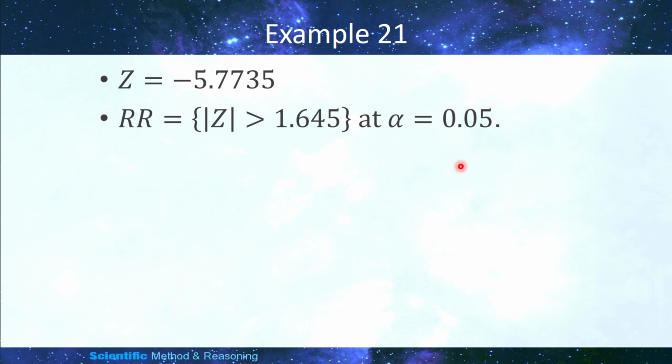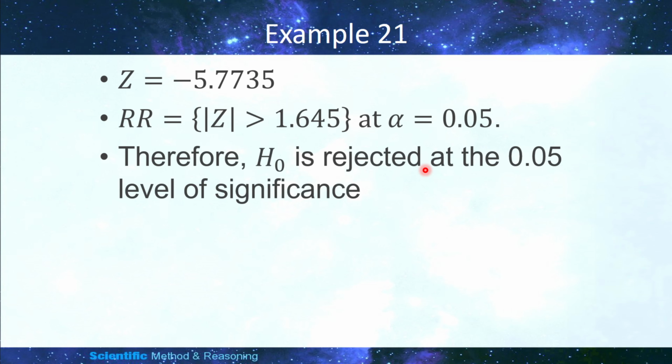Of course, if alpha is 0.025, then the critical value becomes 1.96, and if alpha is 0.01, then the critical value becomes 2.326. So the rejection region will depend on the value of alpha that we specify in the question.